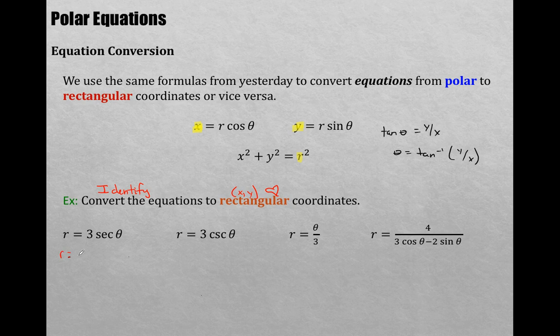The first thing I think is I'm not really psyched about secant, so I use an identity. Oh, hey, here is r times cosine theta. Can't I multiply both sides by cosine? What do you have now? r cosine theta is the same as x.